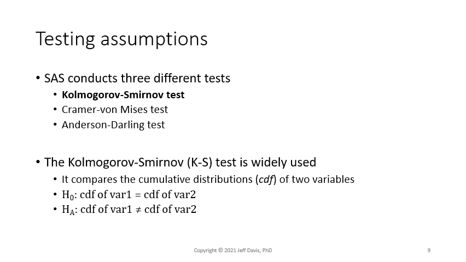We have the Kolmogorov-Smirnov test, the Kramer-von Mises test, and the Anderson-Darling test. The one that tends to be used most widely is the one in bold there, the Kolmogorov-Smirnov test, so we'll talk about that one. In some of your other classes, you might talk about the other 2, but all of them essentially do the same thing.